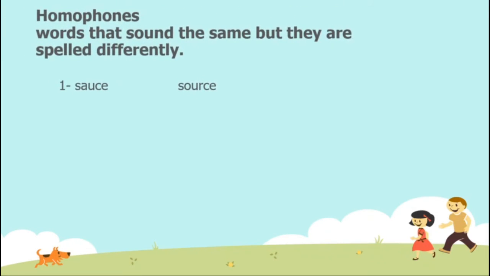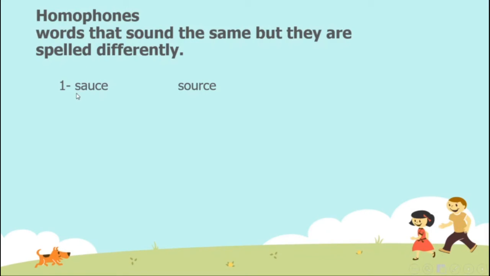Now we are going to part 2, or the second aim of our lesson, homophones. What are these homophones? Homophones, words that sound the same, but they are spelled differently.